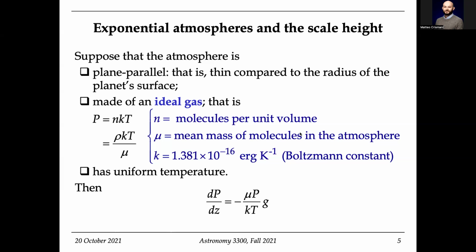And now I'm going to rewrite that as minus rho over KT times G. Actually, I'm going to be a little bit more clear. I'm going to put the G on the top, like that. And this is P.